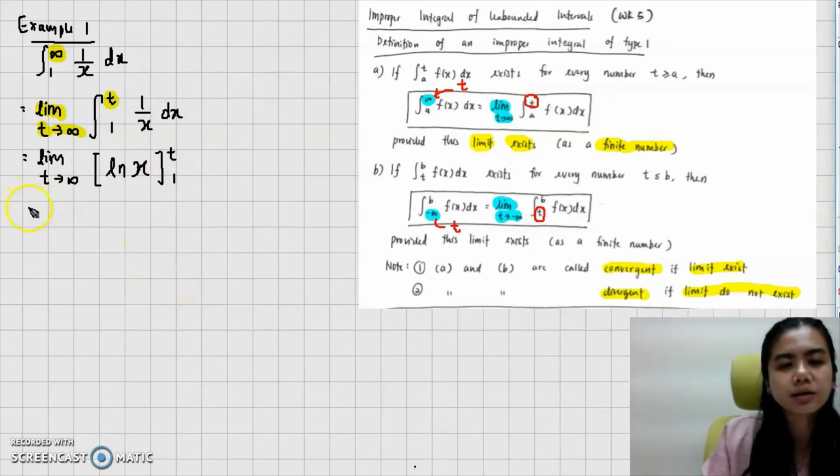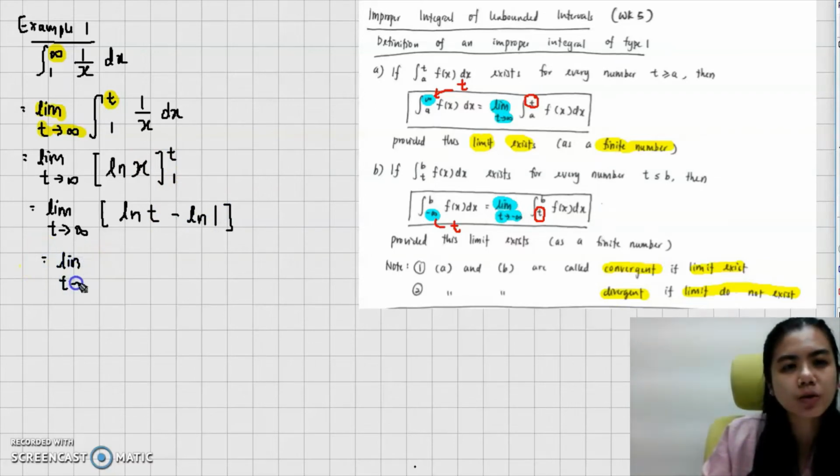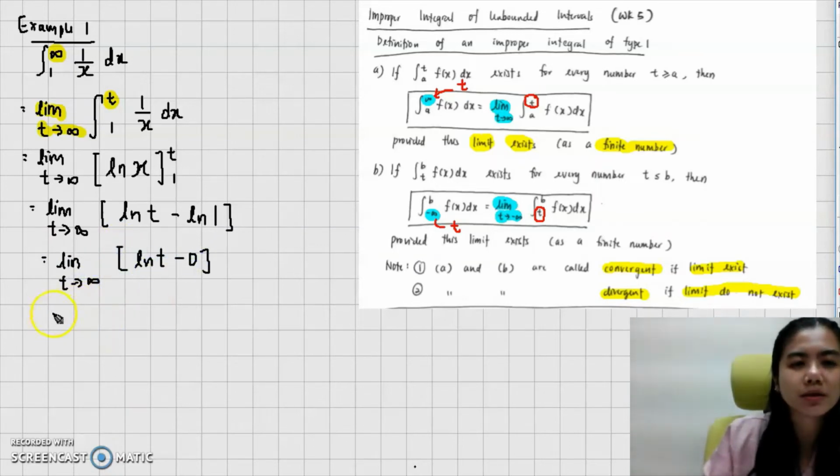Next we copy back the limit and do the substitution. So we have ln t, minus ln 1. ln 1 is equal to 0. So we have ln t minus 0, which is still ln t.